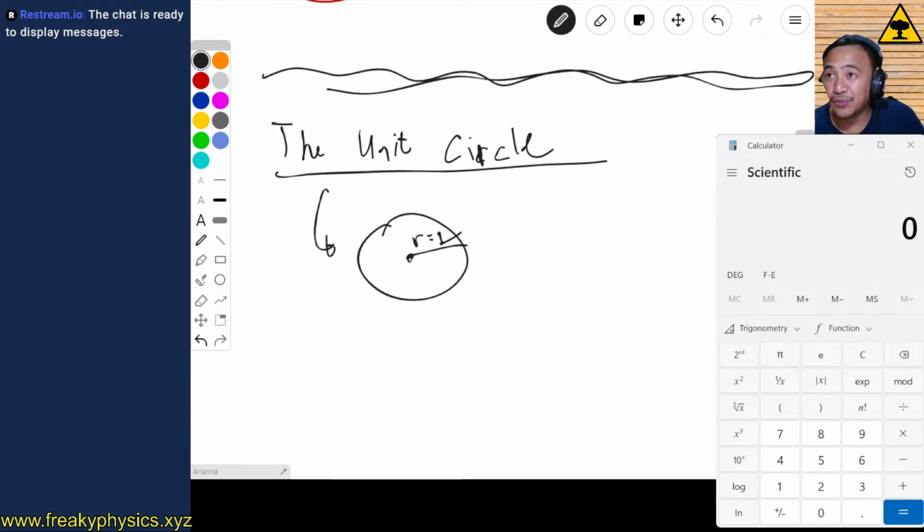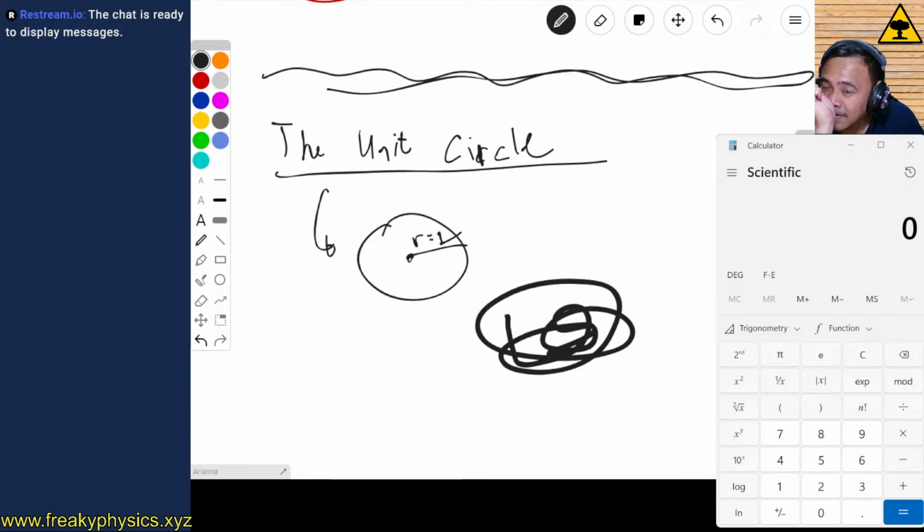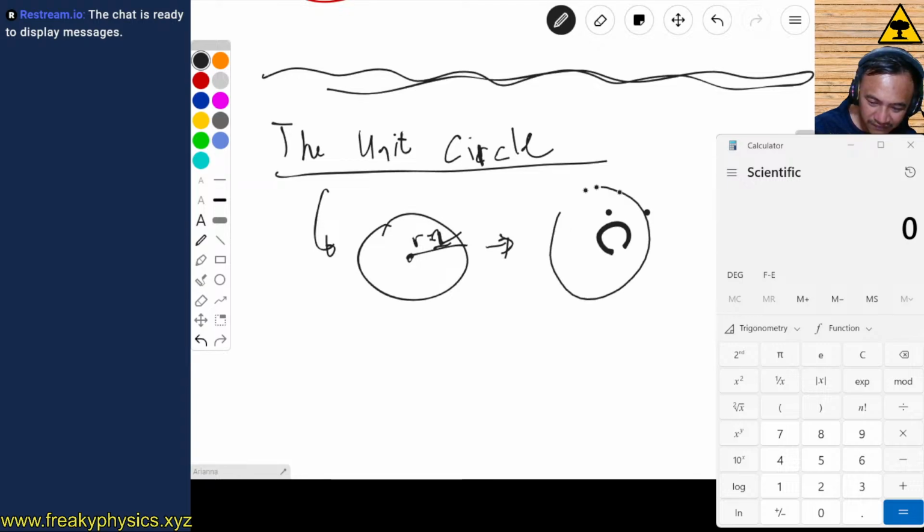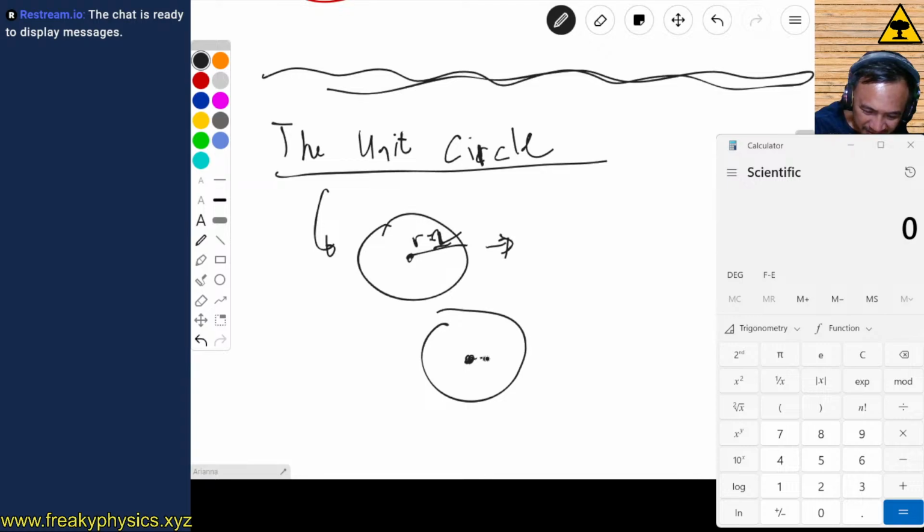Now the reason why it's really useful in trigonometry is because if r is equal to 1, then that means, if we assume the x-axis and the y-axis are like that, and then you draw the unit circle with its center at the origin, the idea is no matter what you do, this will always be 1.